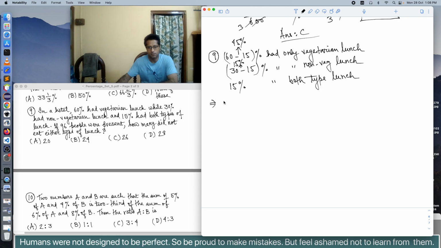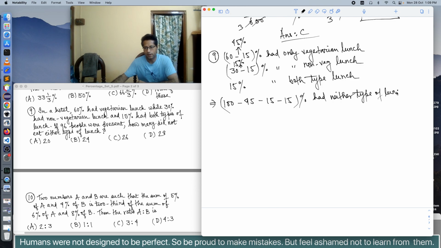So the total people in the hotel must correspond to 100% of the people. So we can say 100 minus 45 minus 15 minus 15 is the percentage that had neither type of lunch.